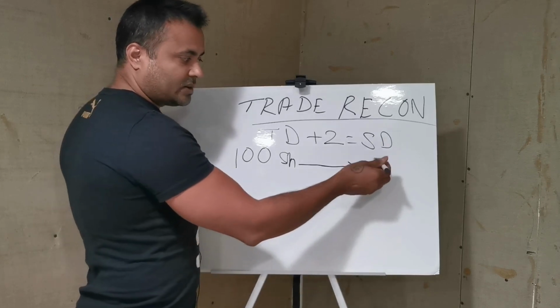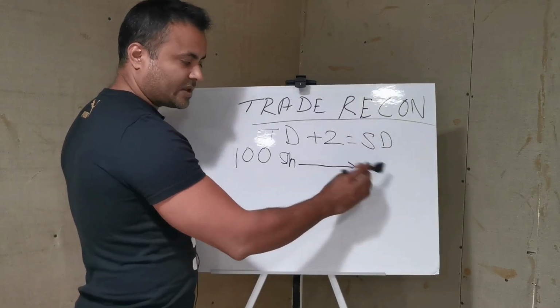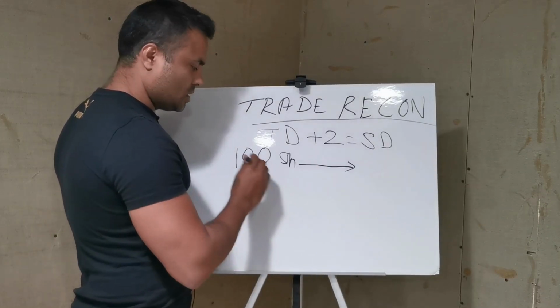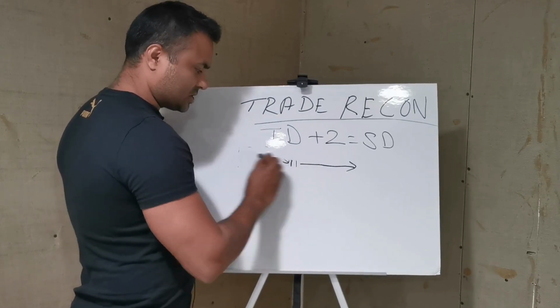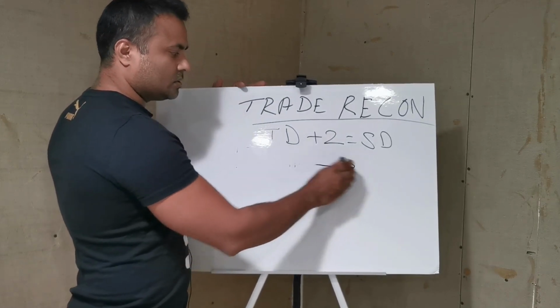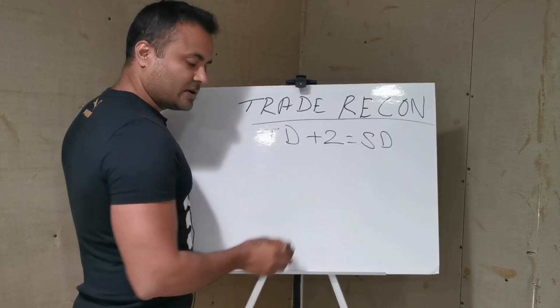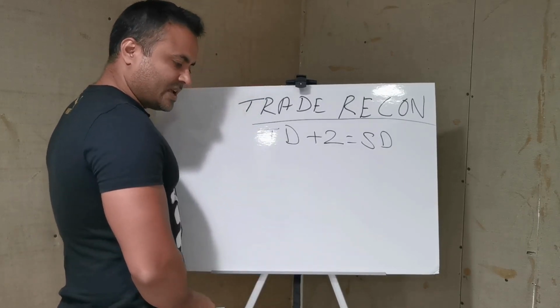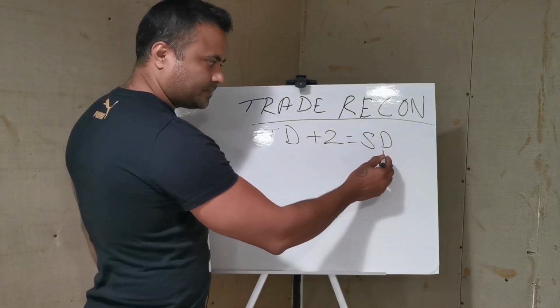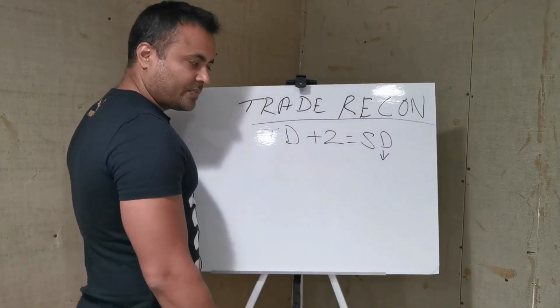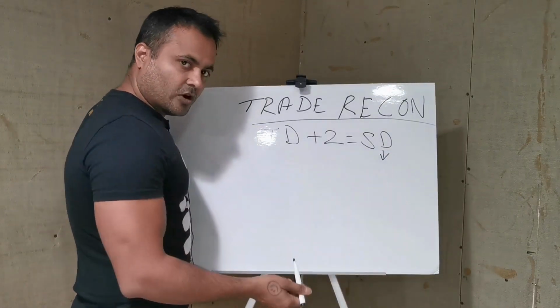So for example, the trade was settled on the settlement date, everything was good, no issue, then recon starts. In the world of reconciliation, especially trade reconciliation, it means that on the settlement date, when the trade got settled, two parties are involved.